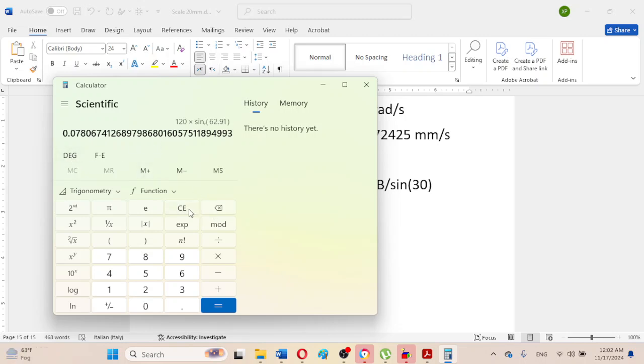Once again calculate that, 120 multiplied by 62.91 and its sine, and this comes out to be 106.83.